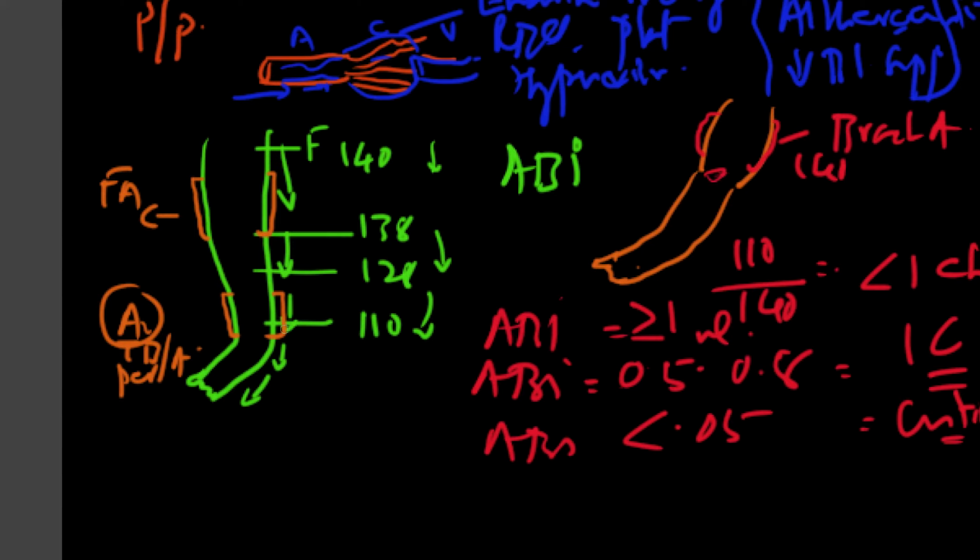Then similarly, tie a cuff at the ankle and check the dorsalis pedis pulses by Doppler, and you can get the ankle pressure. So the ankle brachial index is basically the ankle pressure divided by the brachial pressure, which in this case is of course less than 1, and that is considered abnormal. Okay, so a very, very simple technique where ABIs can lead you to diagnose peripheral arterial disease.